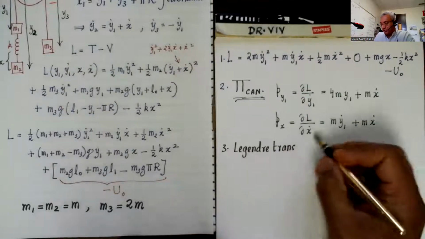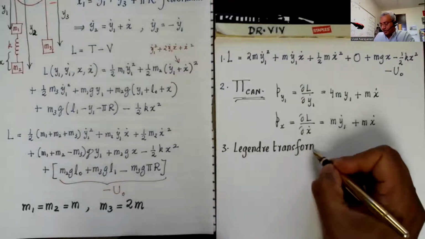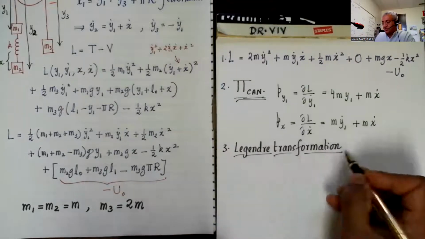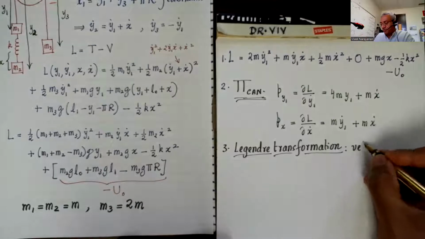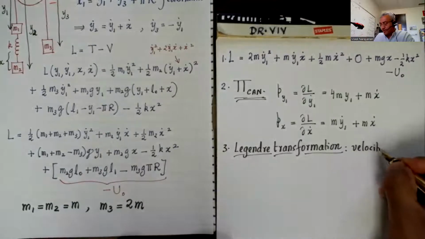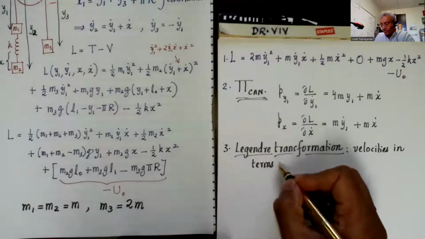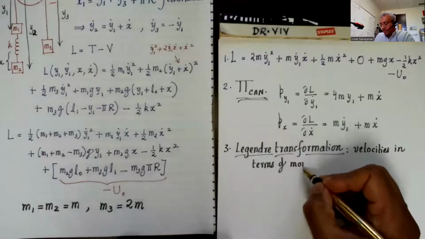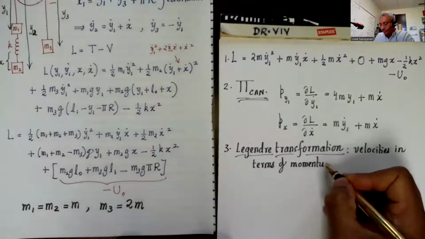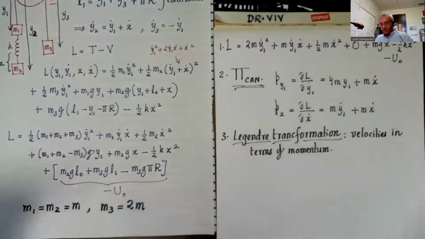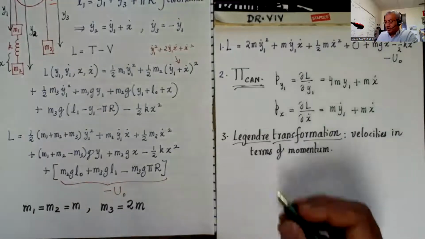Legendre transformation is simply a means of getting velocities in terms of momentum. Forming the Hamiltonian requires us to do this. So let's do that next.